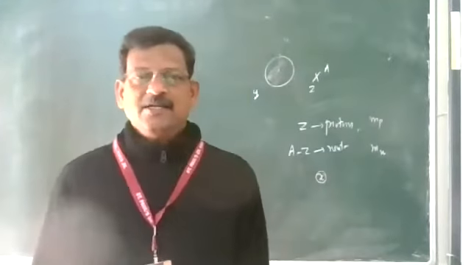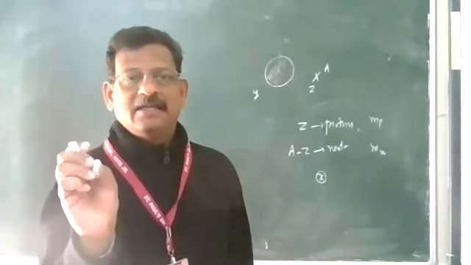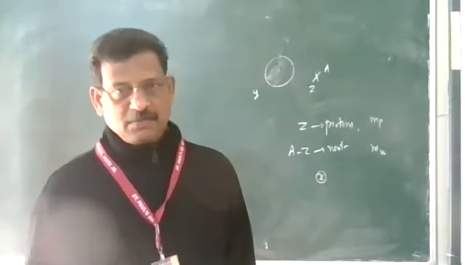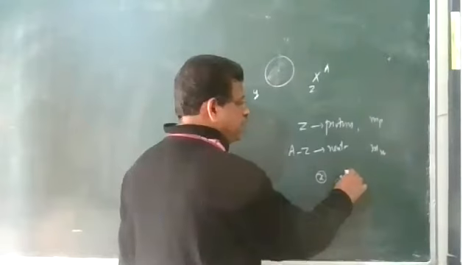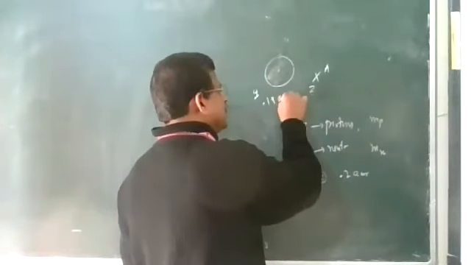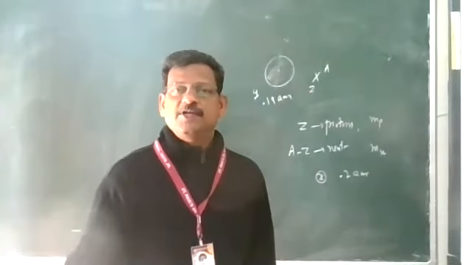You can see that the mass of the nucleus is found to be always slightly less than the total mass of the constituent nucleons. If this is 0.2 AMU and this is 0.19 AMU, there is a difference in the mass.